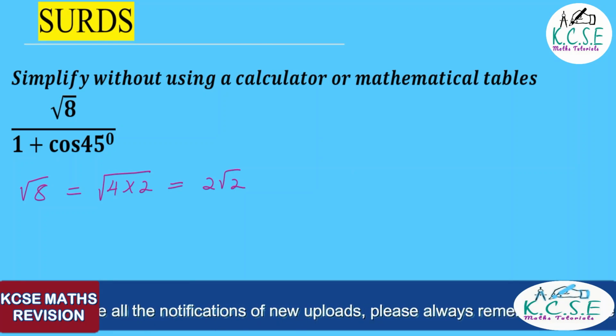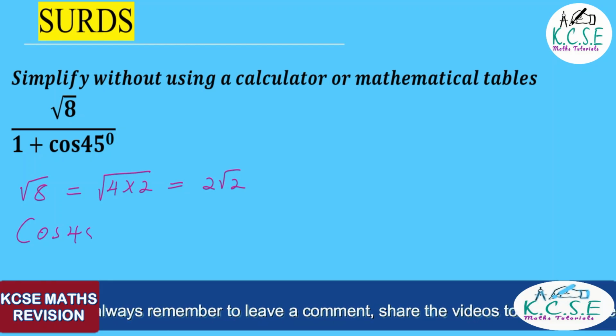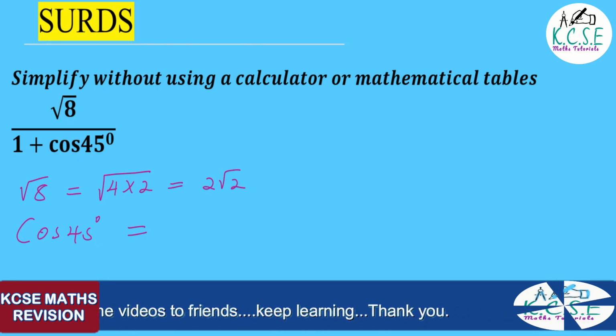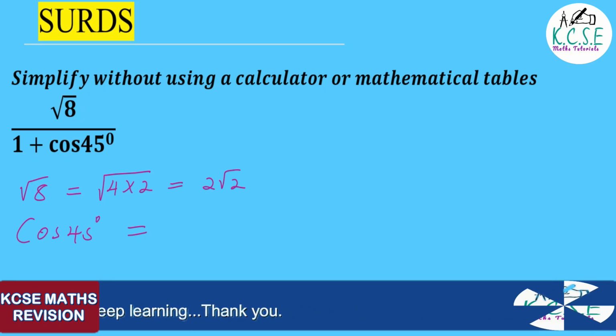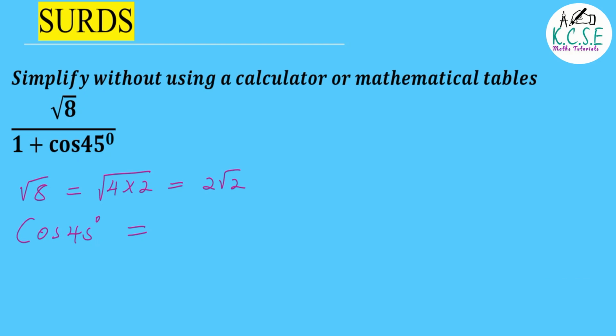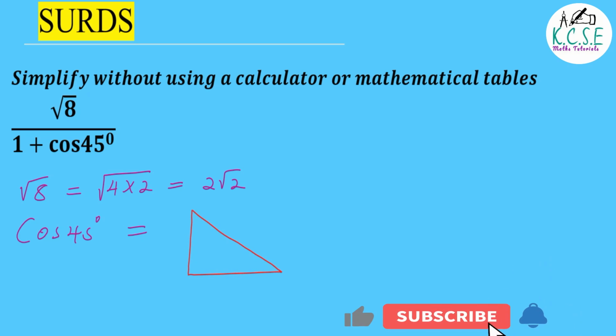Now for cosine of 45 degrees, we shall consider to use an isosceles right-angled triangle. You can sketch it, just a rough sketch. This is an isosceles right-angled triangle of sides 1 unit, 1 unit, and this will be root of 2.